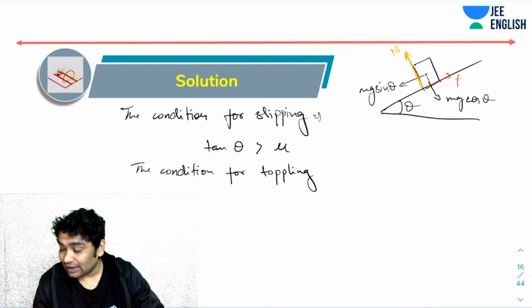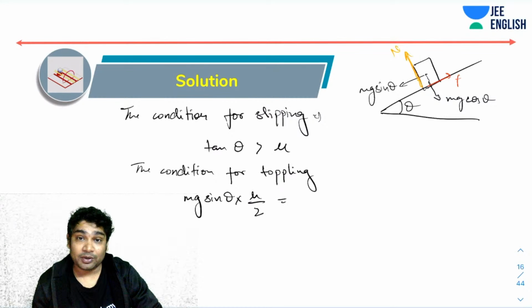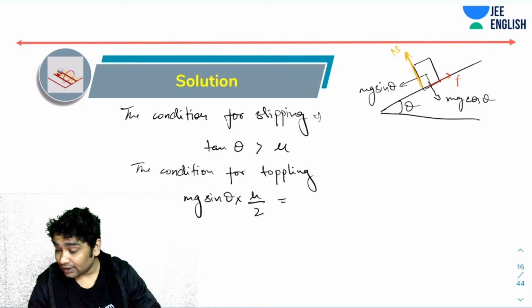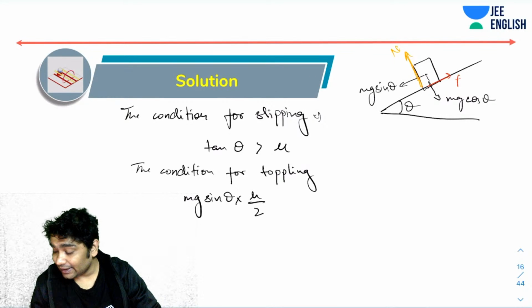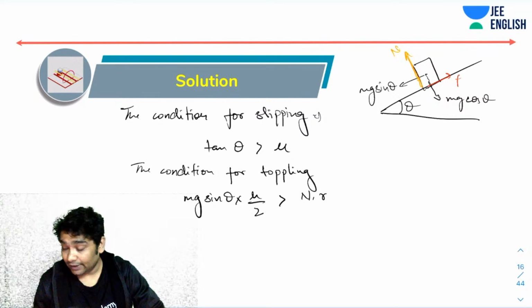So can I say that mg sine theta into h over 2, which is the torque due to mg sine theta, should be greater than the torque due to N. Should be N times r, and N is equal to mg cos theta, right?